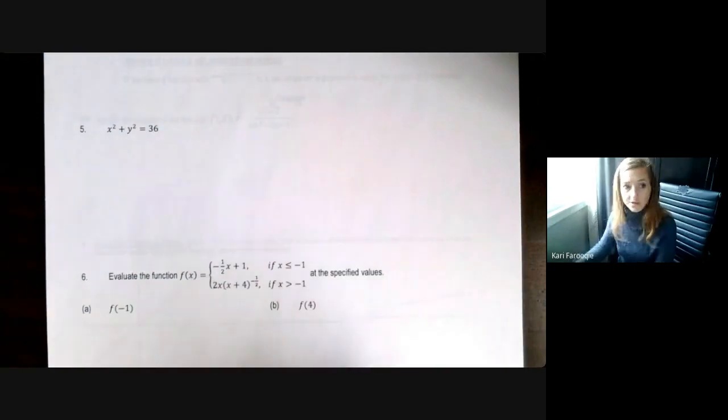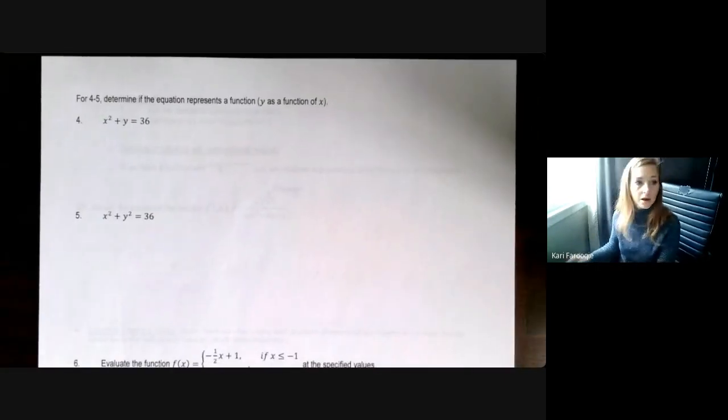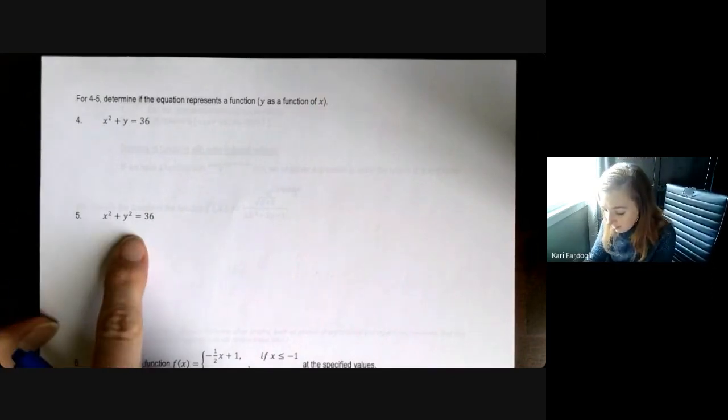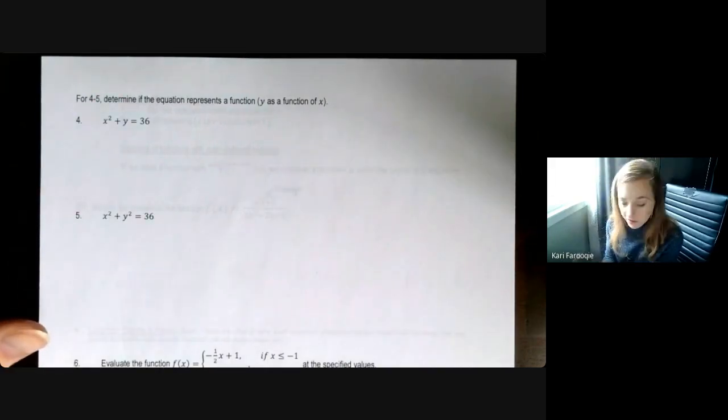Another way that we are going to talk about whether our equation represents a function or not is by just looking at the equation. Now, I think it's easier to see it here than here. This is very subtle. What you're going to do here to determine if your equation represents a function is you're going to solve for y.